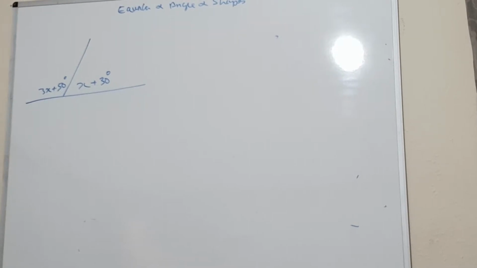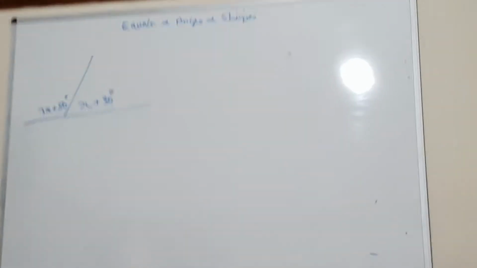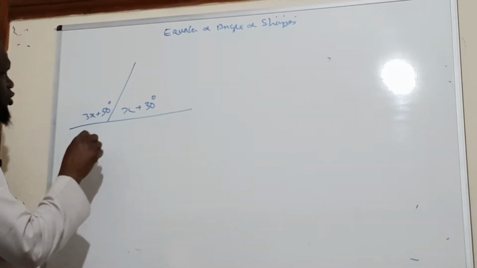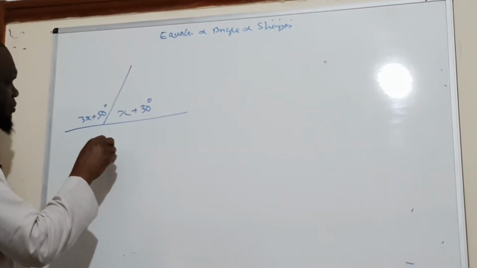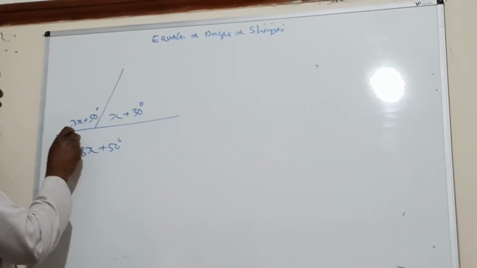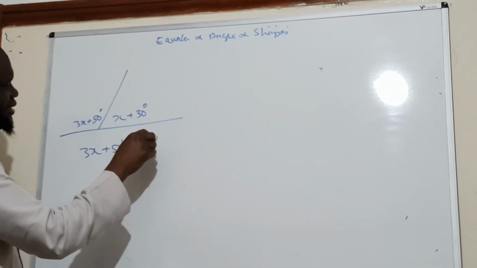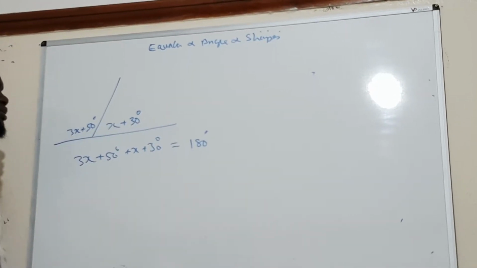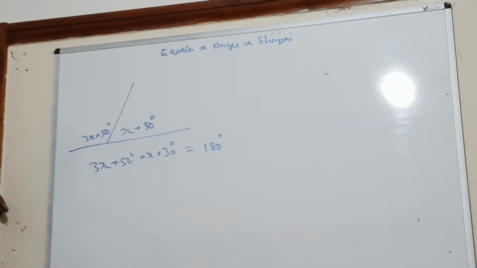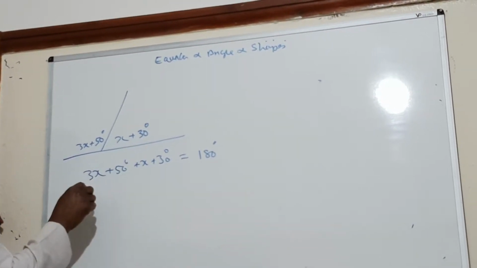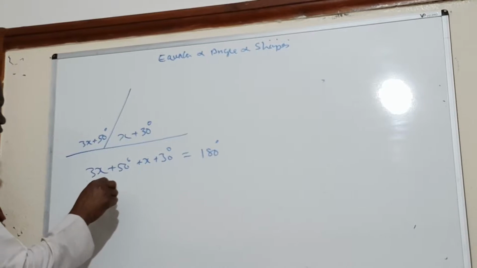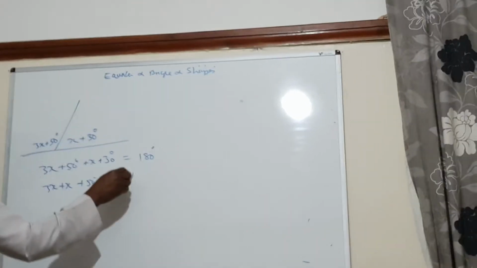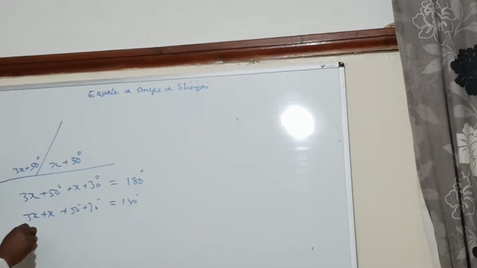Don't rush, let's do it together. Basically, we know a straight line is 180 degrees. So 3x plus 50 degrees, that's this angle, plus x plus 30 degrees, which is this angle, is equal to 180 degrees. If we put everything together, 3x plus x is 4x, and 50 degrees plus 30 degrees is 80 degrees.